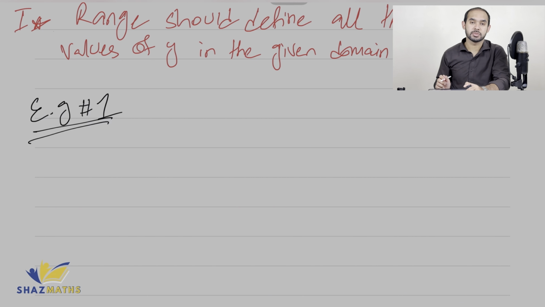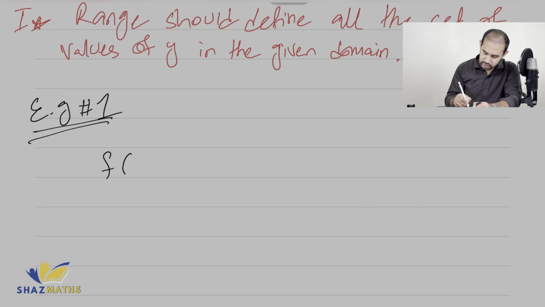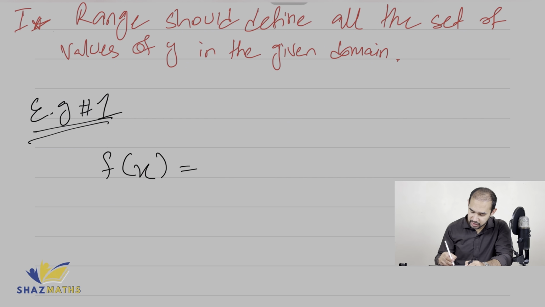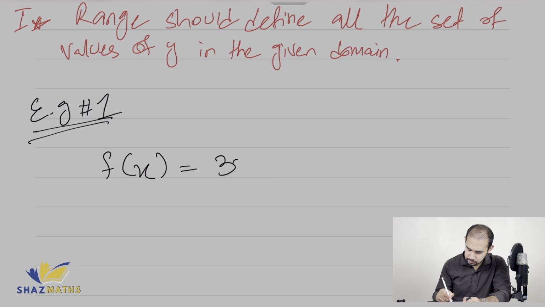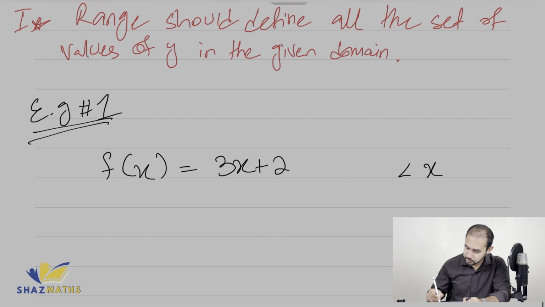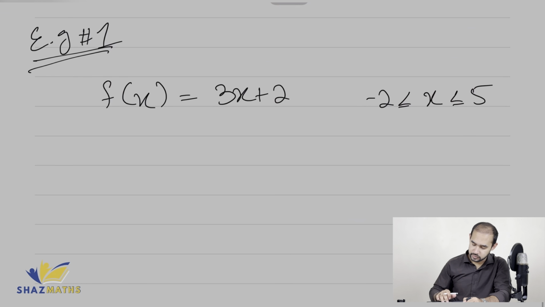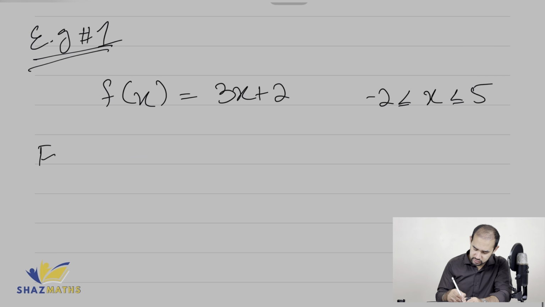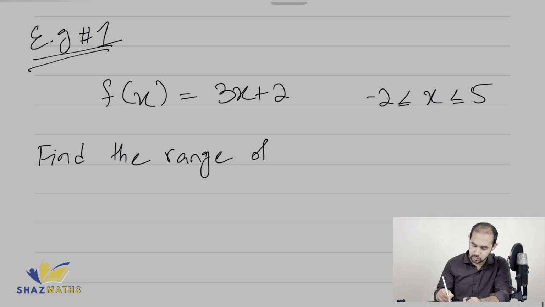In this example, the function f of x is defined by 3x plus 2 for the given domain x is greater than or equal to -2 and less than or equal to 5. Now the question is, find the range of the function.